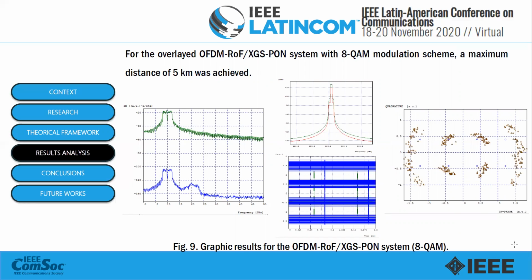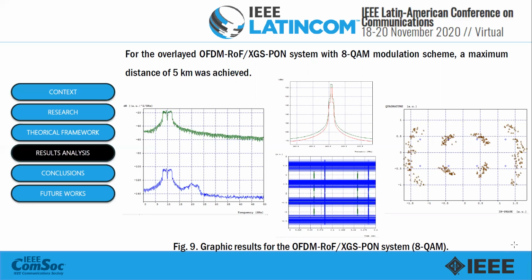For the overlay model, a system with a QAM modulation scheme, a maximum distance of 5 kilometers was achieved. So we see that we had a better coverage. We increased the distance almost double, 5 kilometers.